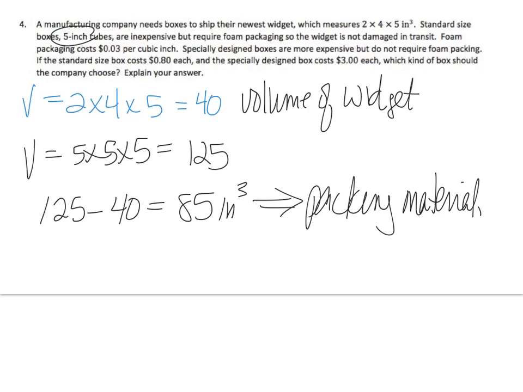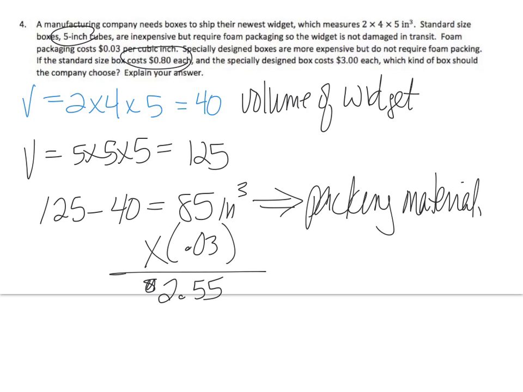So how much does that cost? Okay, the packing material times 0.03 is $2.55 each. Just for packing material, but my box is 80 cents.